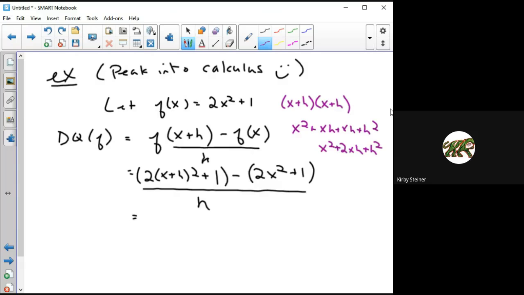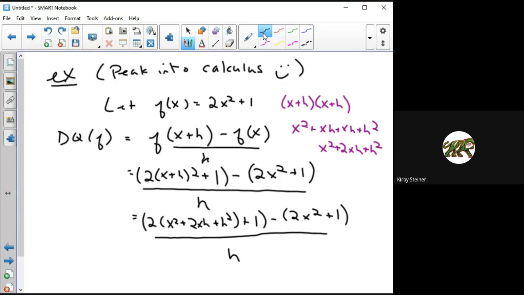All right, so FOILing it, now we have 2 times (x squared plus 2xh plus h squared) plus 1 minus (2x squared plus 1), all that over h.